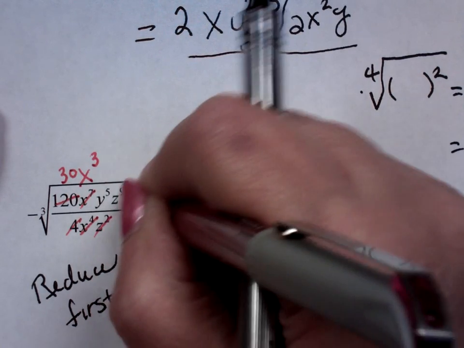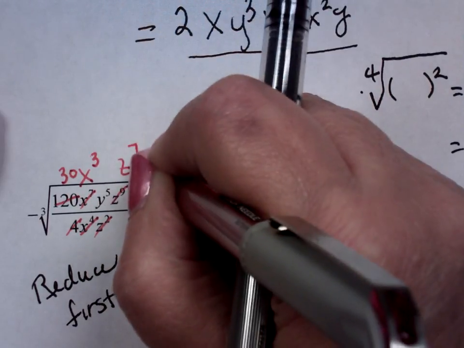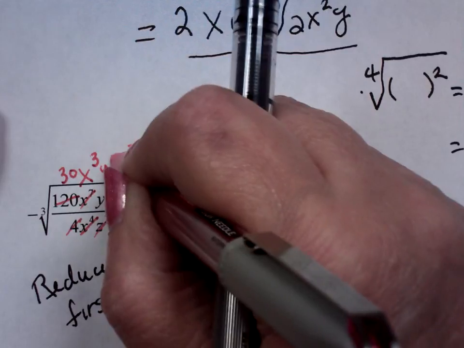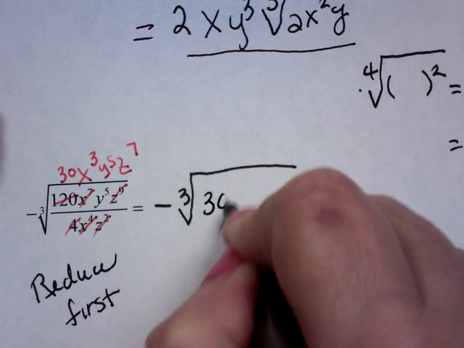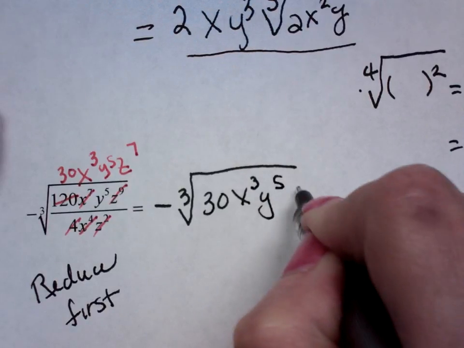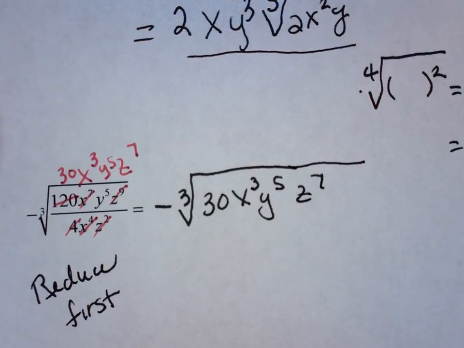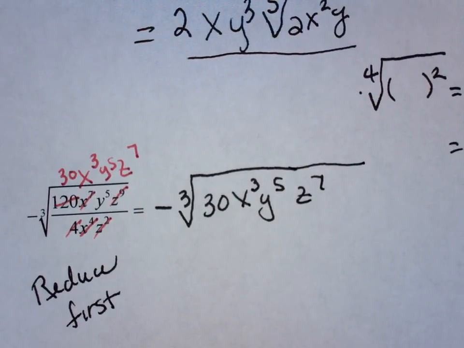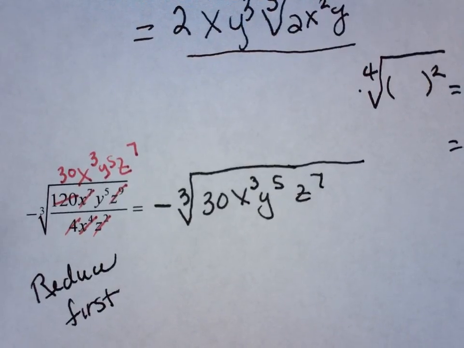Z squared, z to the 9th, that's going to be a z to the 7th, and there's no y's, y to the 5th. So the new radicand is 30 x cubed y to the 5th z to the 7th, with the denominator gone. So yeah, Sarah, you need to reduce it first. Makes your life easy. Easy peasy.